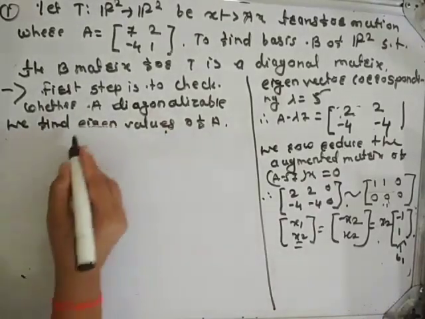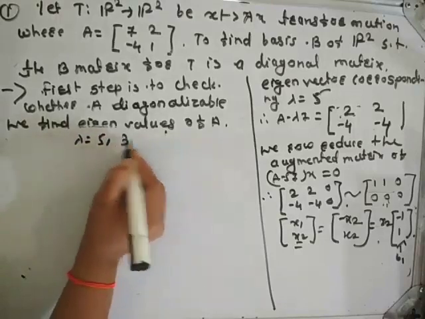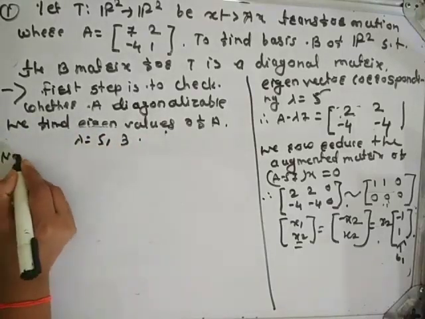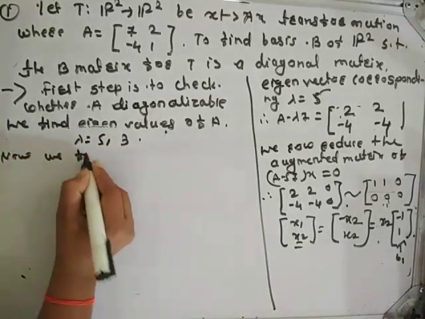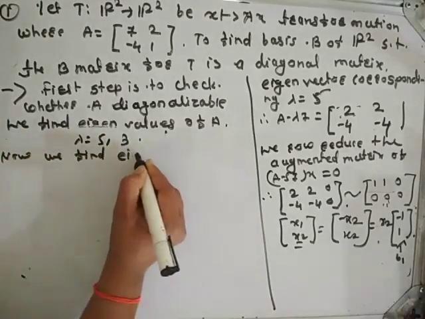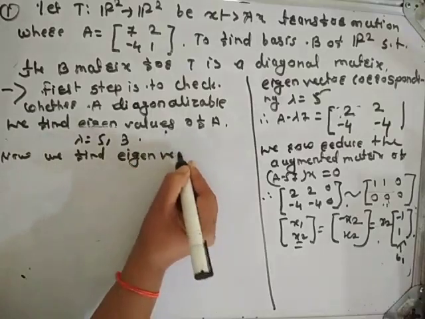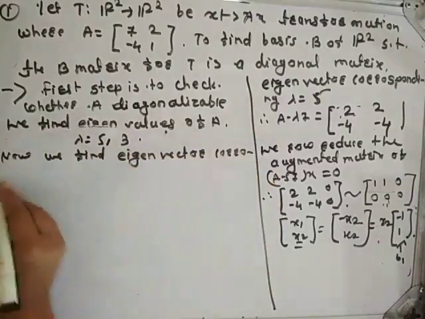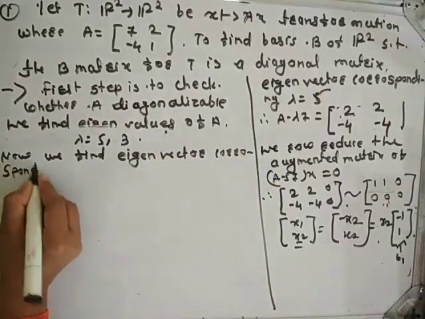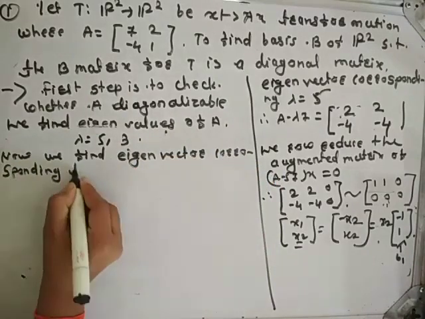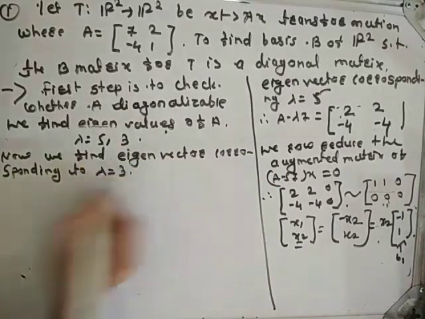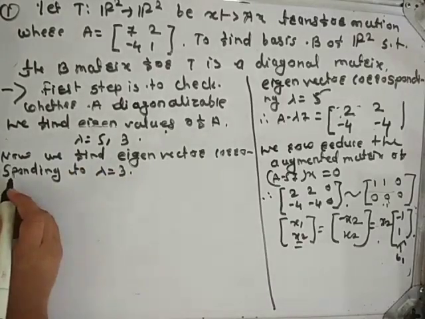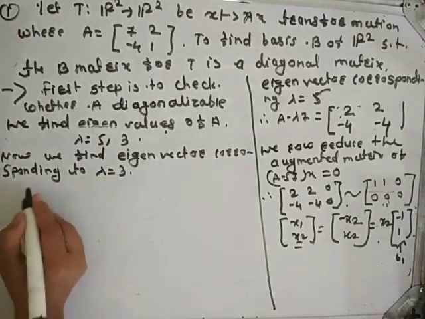We have eigenvalues lambda equals 5 and 3. Now we find the eigenvector corresponding to lambda equals 3. So lambda equals 3.